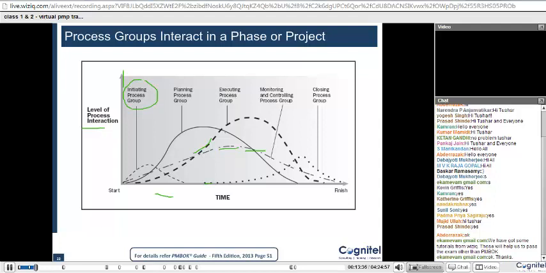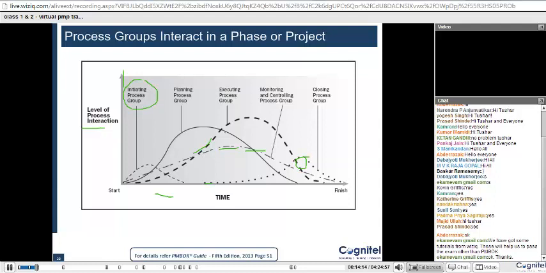This was not there up till here, but once you are doing execution, you might have produced certain outputs or deliverables of your project that can be delivered alone, and they don't need to be delivered at the end of the project. So you can see even closing has started interacting, because certain outputs might be delivered to the customer as and when they have been produced. But of course, the major closing would come towards the end of the project, and then the project finishes.